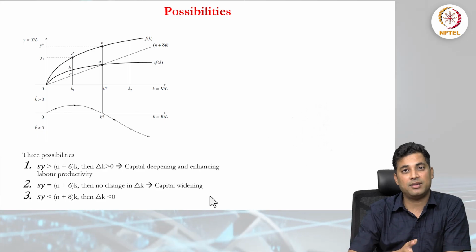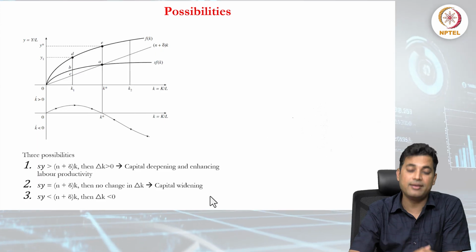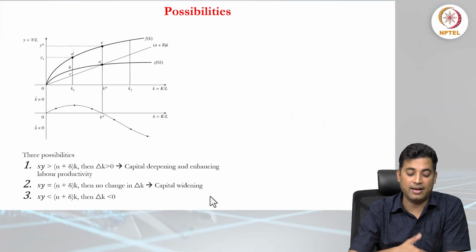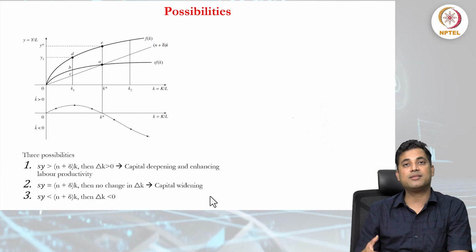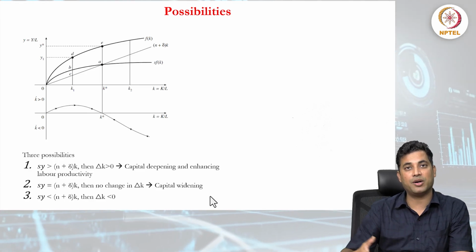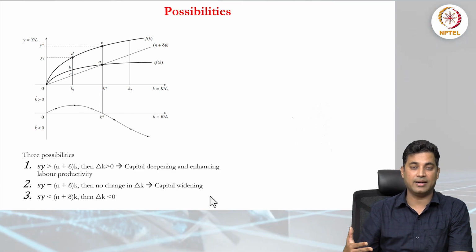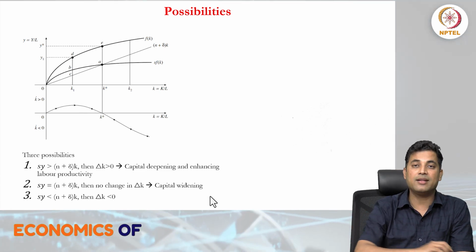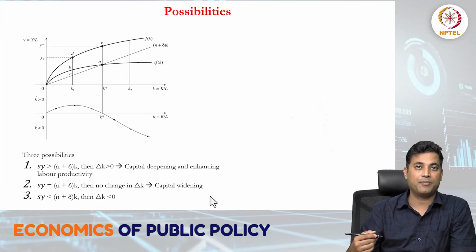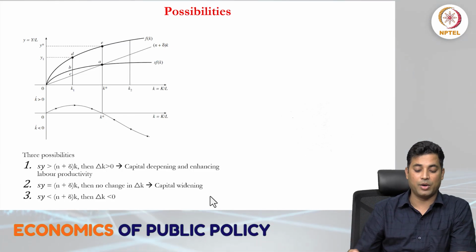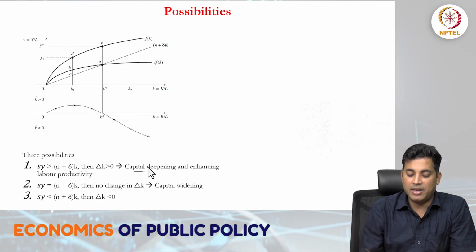When savings per worker is higher than (n plus delta) times k, then the change in the capital per worker will be more than 0, which means capital deepening.